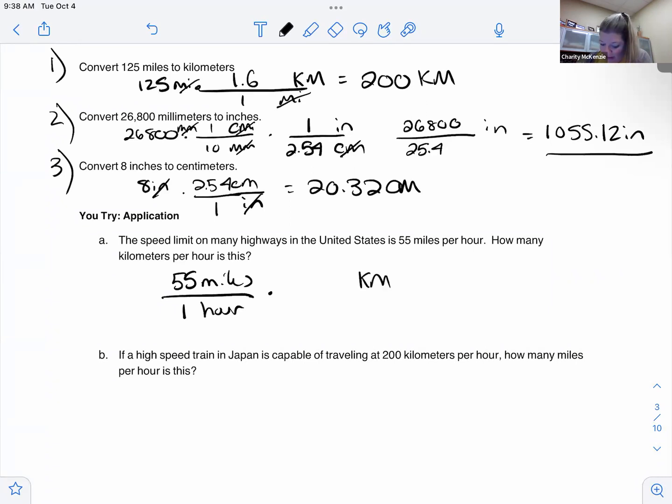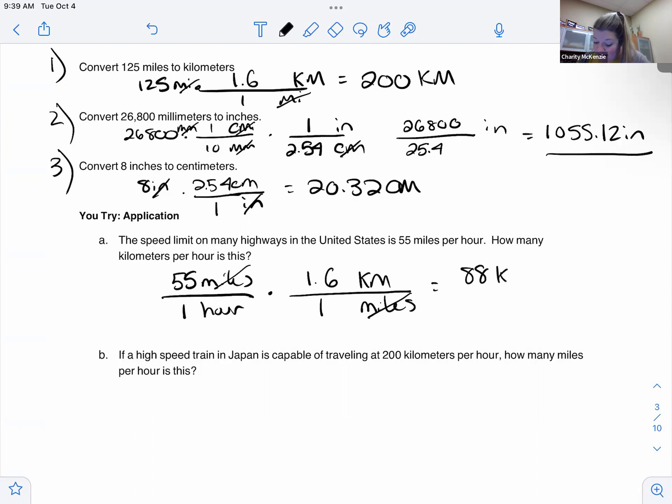And so I want the bottom to have miles. And I know there's 1.6 kilometers in 1 mile. So when I do this, I can see the 55, these are going to cancel, miles are going to go. 55 times 1.6 is going to give me 88.